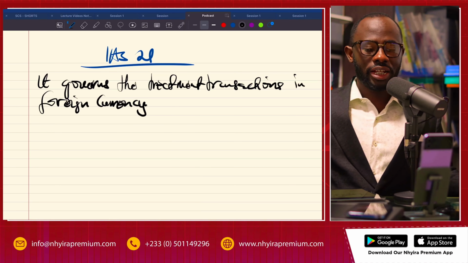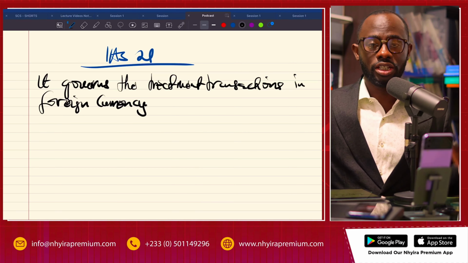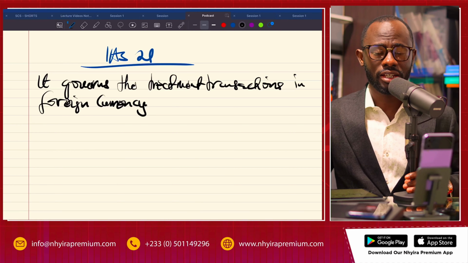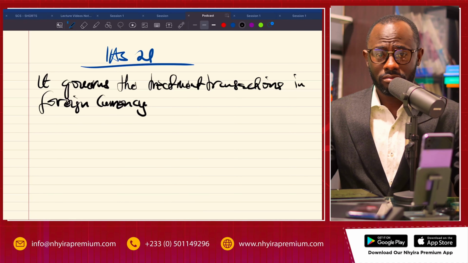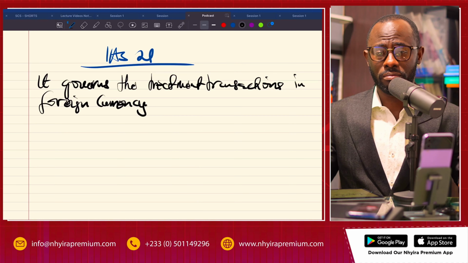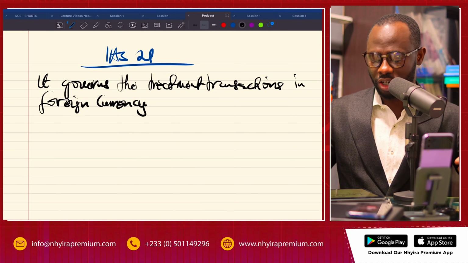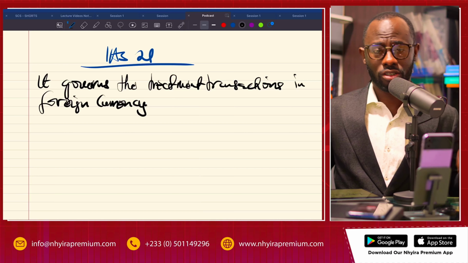So anytime an entity undertakes transactions denominated in a currency other than the reporting currency of the entity, that is going to be treated in accordance with the guidance in IAS 21.